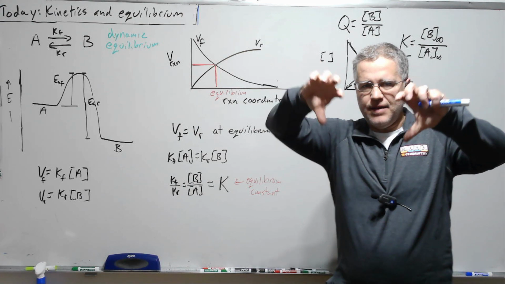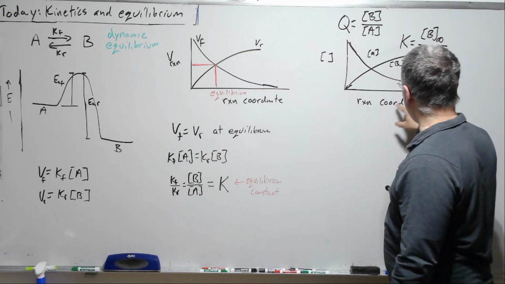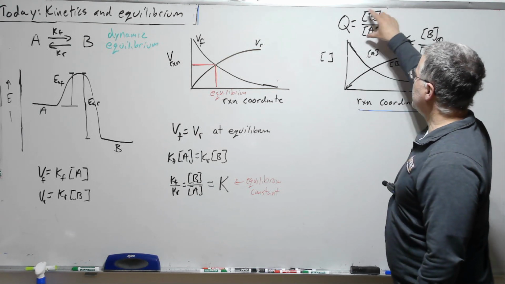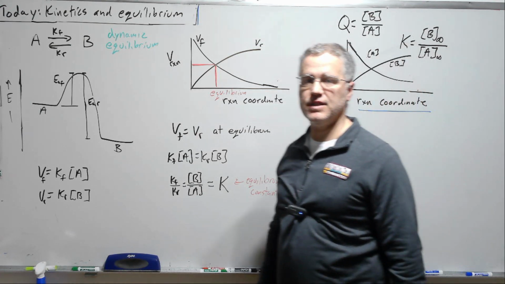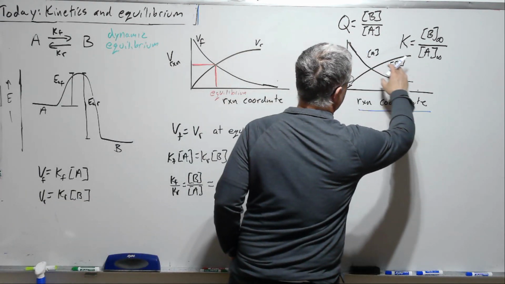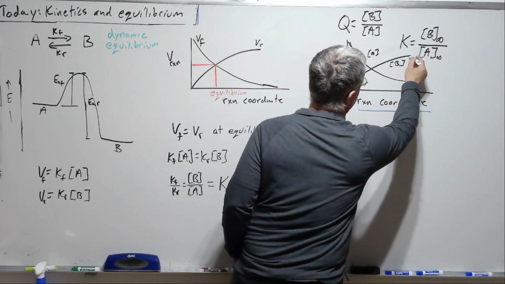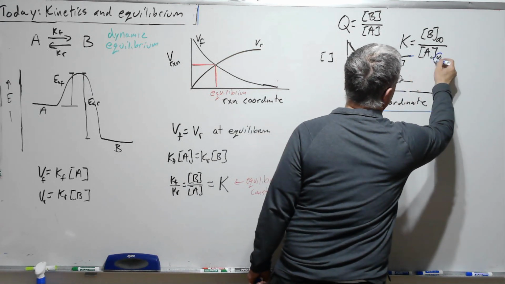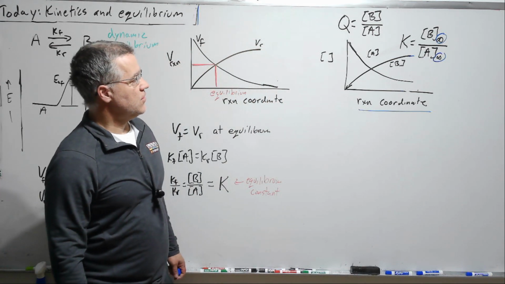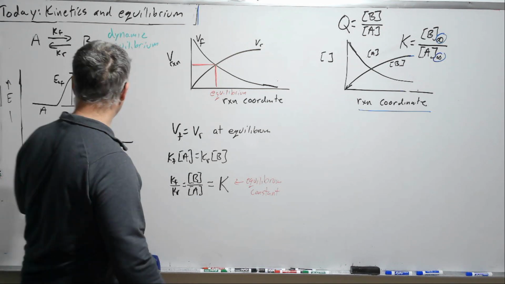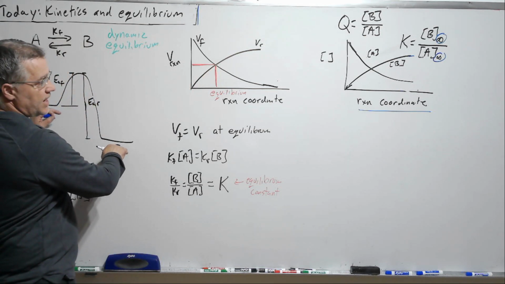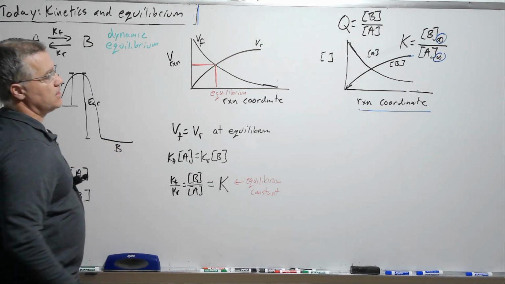So we can dump A and B in the beaker, and we can follow the reaction along the reaction coordinate. And at any given point, we can define our reaction quotient as product over reactant. And then we just let this go to equilibrium, and the long time, or t equals infinity, value of the concentration ratio will be K. And that will match this idea that we're going to end up with more B than A around.